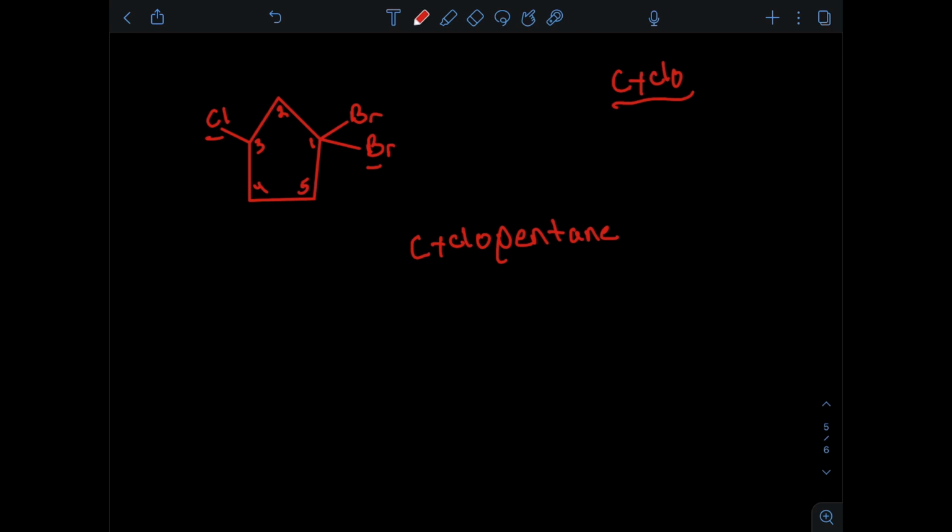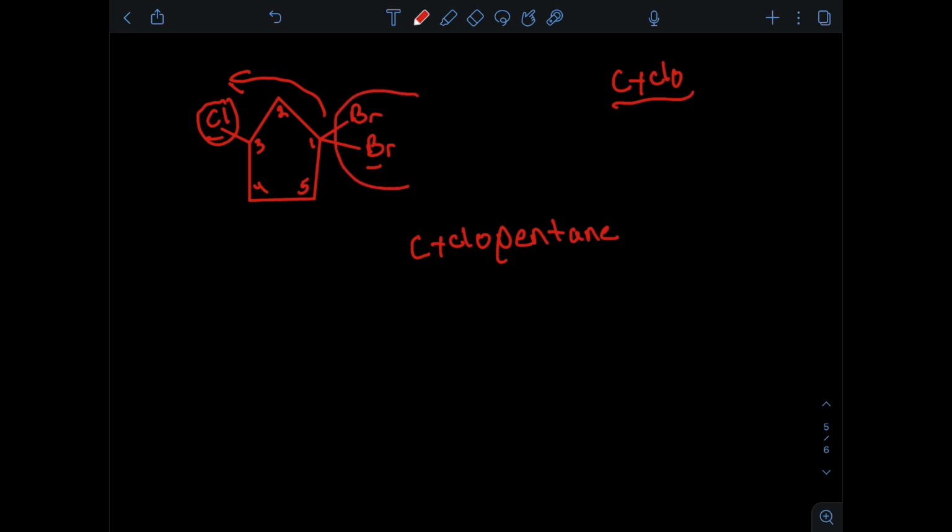And I want to go in the direction where I get to this substituent the quickest. If I go that way, it's 1, 2, 3. If I had numbered it this way, it would be 1, 2, 3, 4. So one of the rules of nomenclature is to go from one substituent to the next via the shortest path, essentially, or where the numbers are less. So you want to take the shortest path over there.